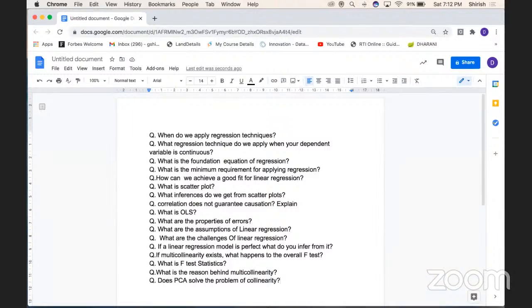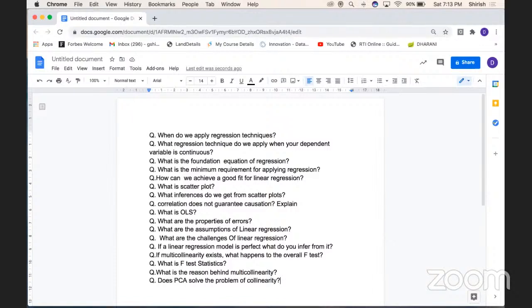Compressing the number of predictors to a smaller set of columns or features, resulting in uncorrelated components. Right? Results in uncorrelated components.